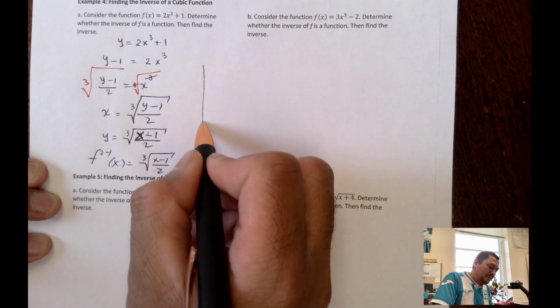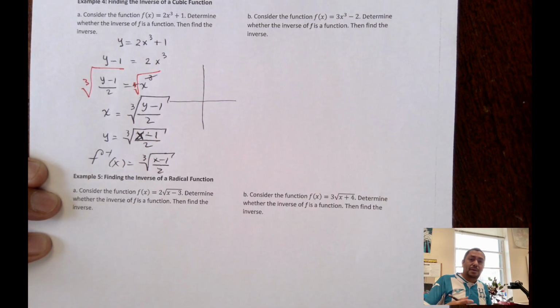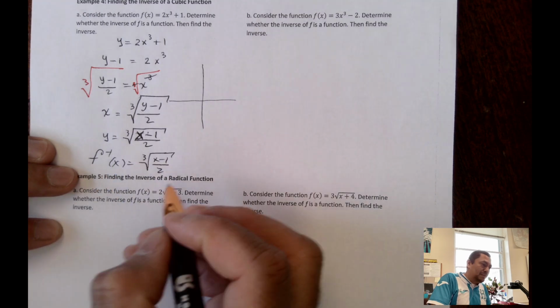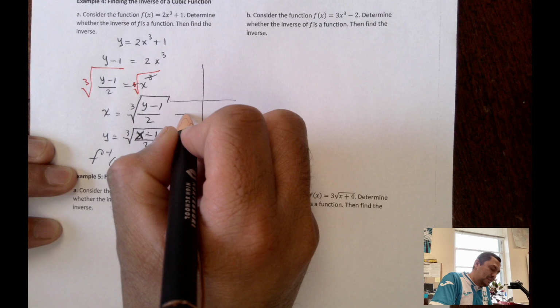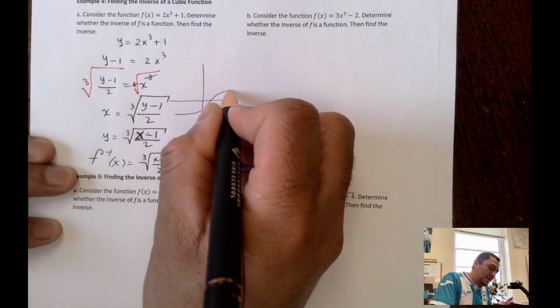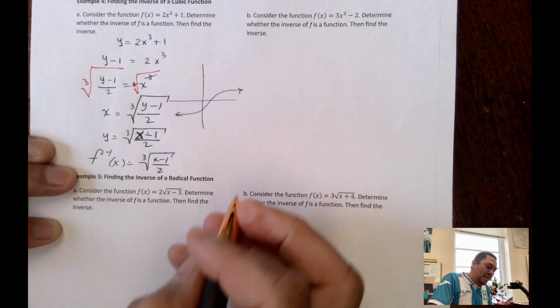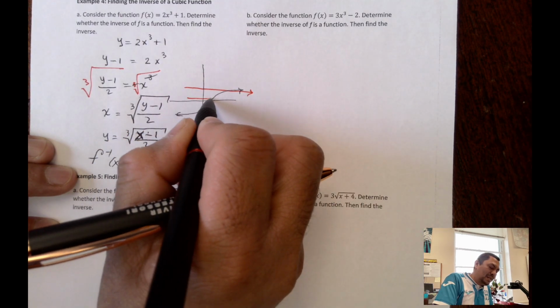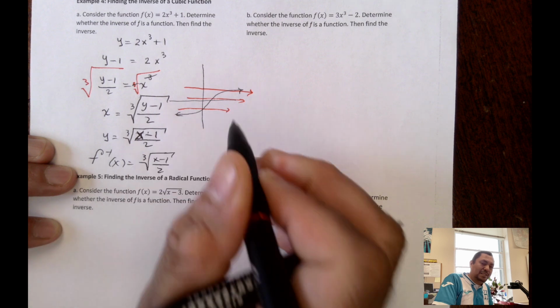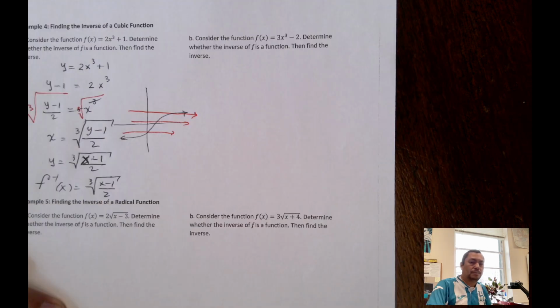If we graph the inverse of this function, it will be something like this one. It will come this way, will go up, and then it will go here. And if we do the horizontal line test, we can see that it is definitely a function.